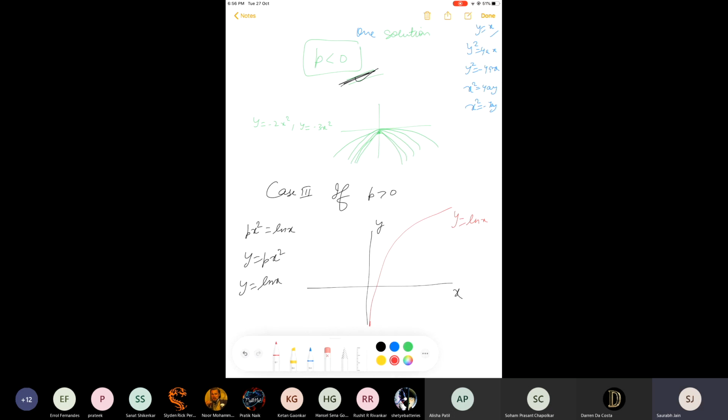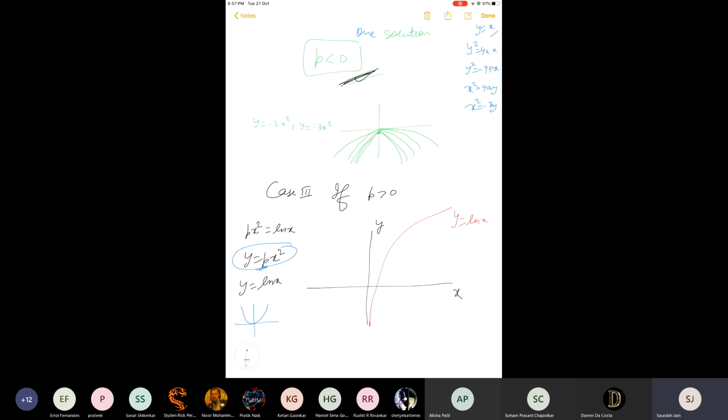Now let us draw the graph of y equals px square, where p is positive. It will be like this, mouth opening upward. If you remember, if the coefficient of x square is positive, mouth upward; if negative, mouth downward. Concave upward, concave downward. Vertex is 0 0 here.